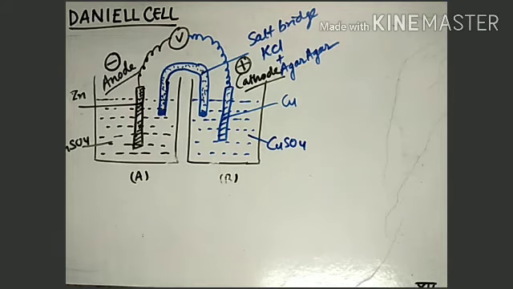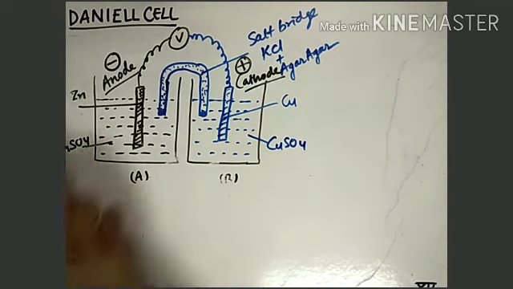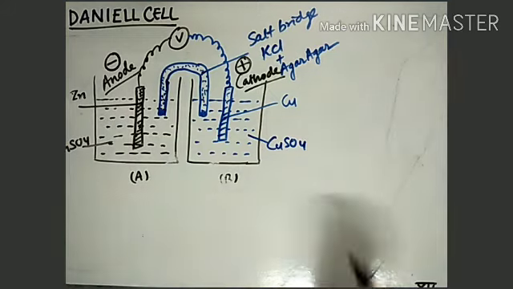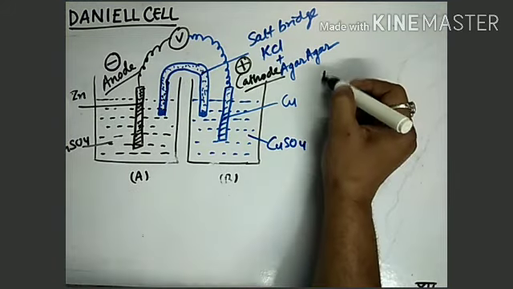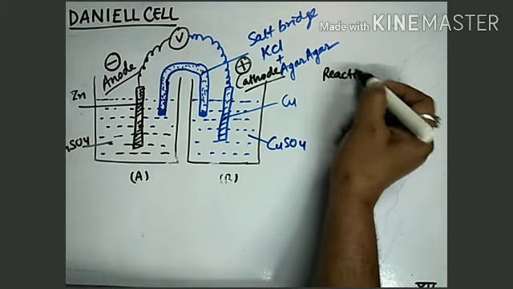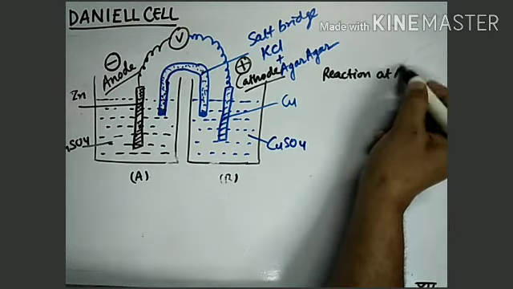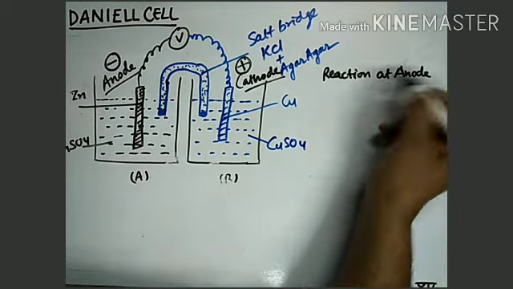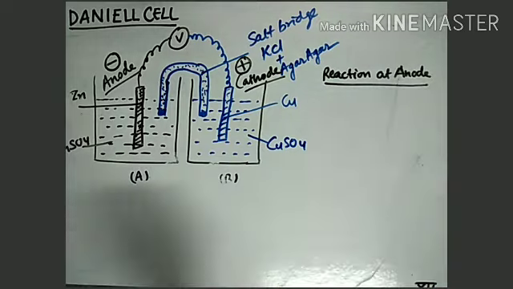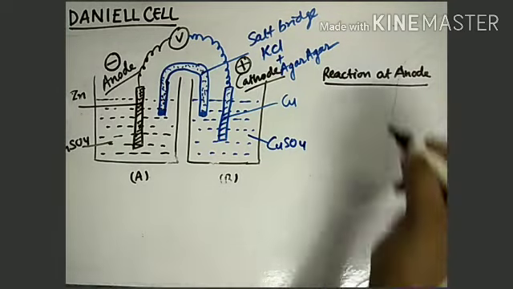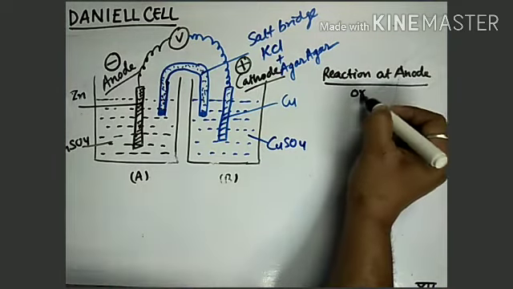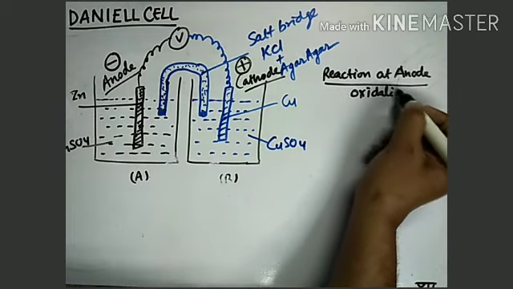Now we move on to the reaction taking place at each electrode. Let's see one by one. First of all, we are talking about the reaction at the anode. At the anode you have to mention the oxidation reaction.